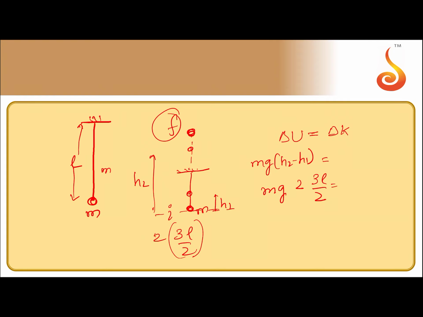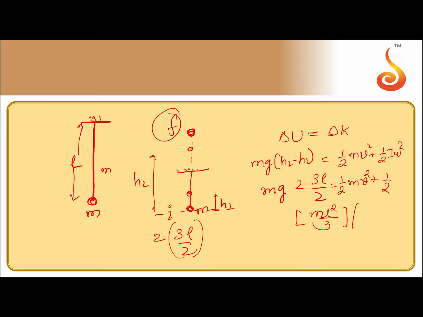And this is equal to final energy. Final energy comprises translational kinetic energy plus rotational kinetic energy: half mv square plus half I, the moment of inertia of the rod plus particle system. How much is that? ml square divided by 3, into v is equal to r omega.